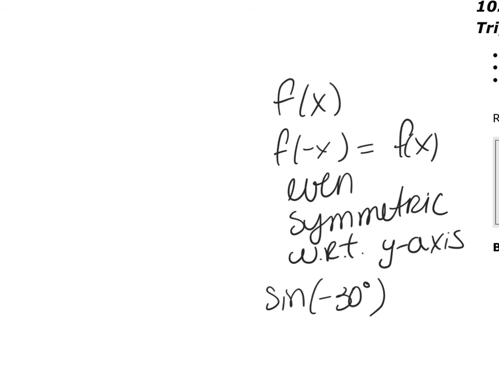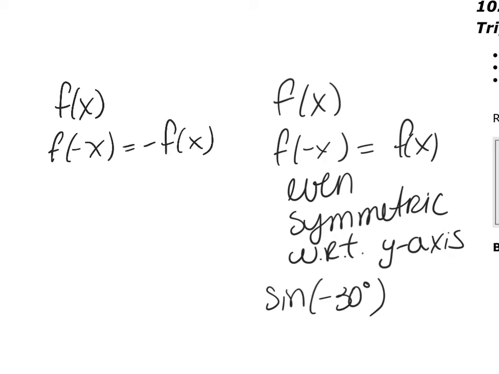The other way that we define our function is odd. If I have f of x, f of negative x is equal to negative f of x. If this happens, this is an odd function, which means we have symmetry with respect to the origin.